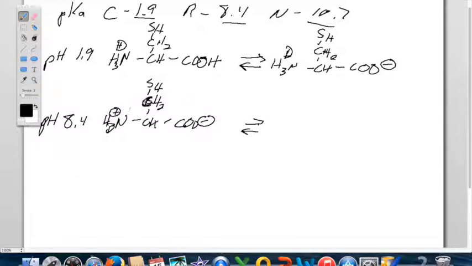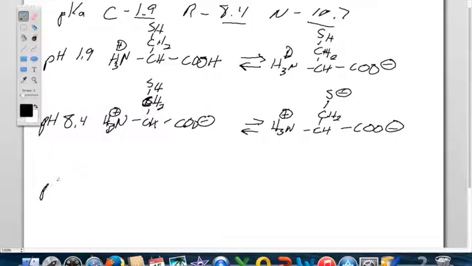The amino groups will be all protonated, and half of our R group side chains will be protonated, and the other half will be deprotonated, like that. So these are the only two structures that will exist, or the predominant structures that exist, when the pH is equal to 8.4. You can see half of our R groups are protonated, the other half are deprotonated.